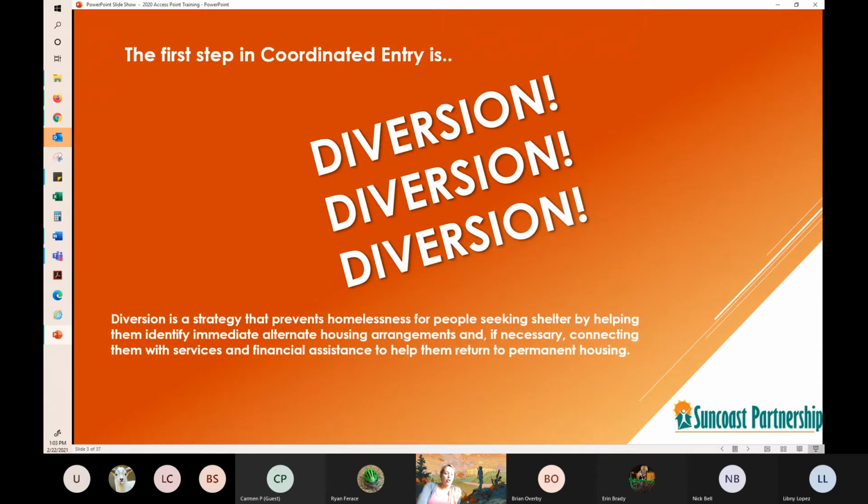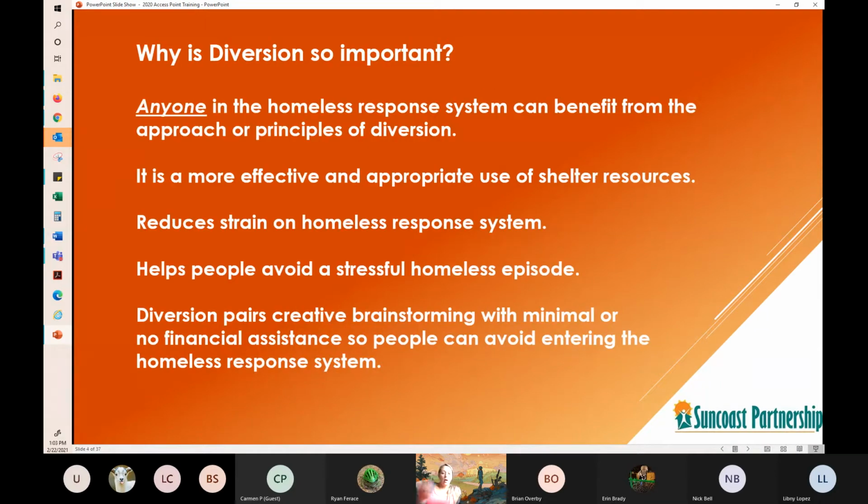So diversion is a strategy that prevents homelessness for people seeking shelter by helping them identify immediate alternative housing arrangements and, if necessary, connecting them with services and financial assistance to help them return to permanent housing. So anyone can do diversion. It's more effective and more appropriate use of shelter resources. It reduces the strain on the homeless response system.